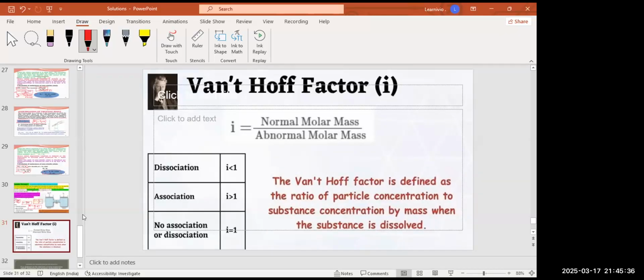How can we calculate the van't Hoff factor?